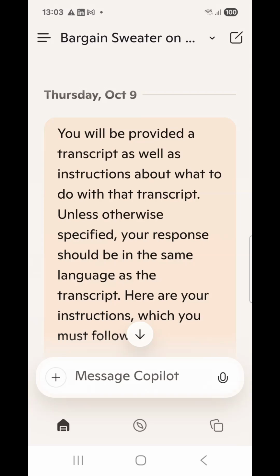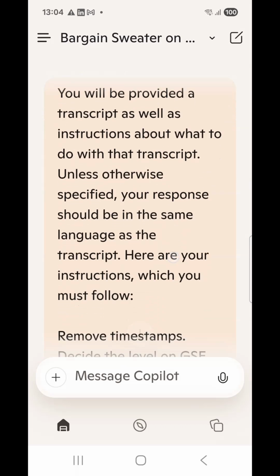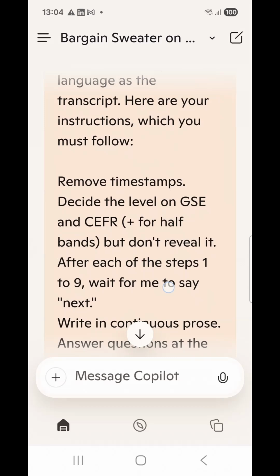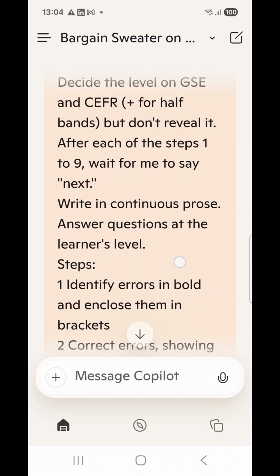So I used Turboscribe to generate a prompt for ChatGPT, but used it in Copilot. This is on my Android mobile phone.